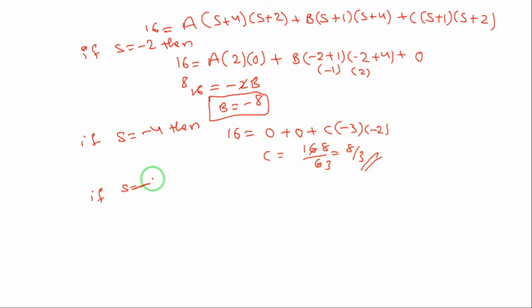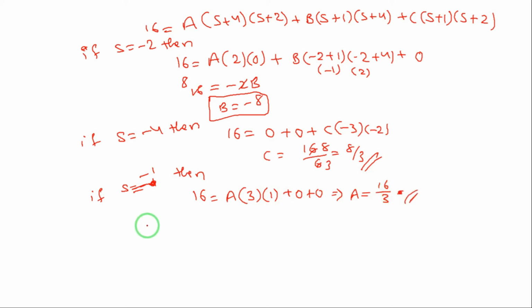Next, if s is equal to minus 1, what happens? 16 is equal to a into minus 1 plus 4, which is 3, times minus 1 plus 2, which is 1, plus 0 plus 0. Then a is equal to 16 by 3.